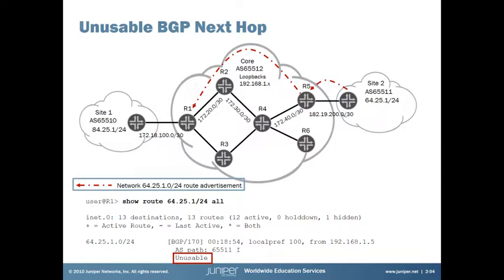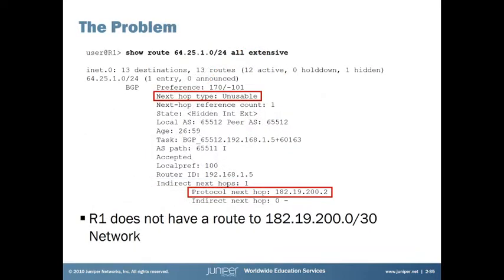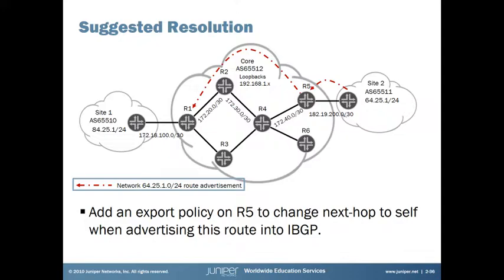So the solution is to make BGP change the next hop using a policy. The outcome here is that we get this unusable next hop, because R1 has no clue how to get there. So you then have an export policy, and R5 would change the next hop to itself.